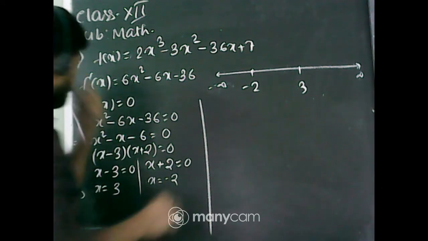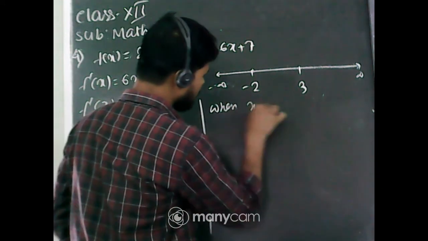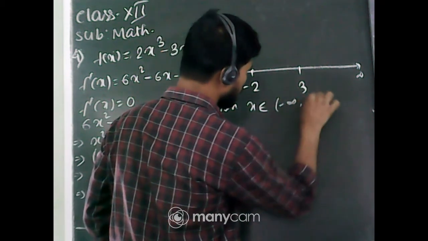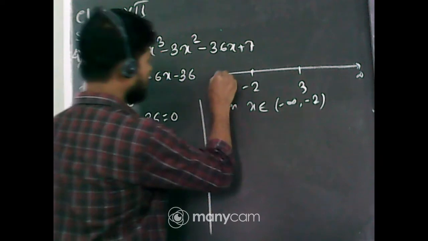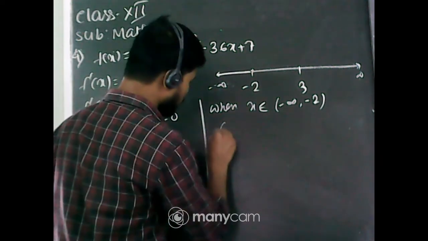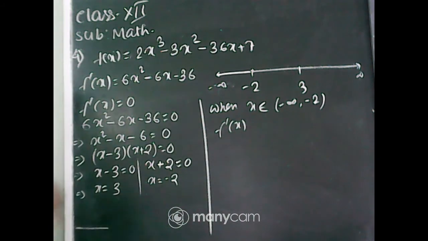So now when x belongs to minus infinity to minus 2, means when x belongs to this interval, in that case what will be the value of f dot x? It is either greater than 0 or less than 0.